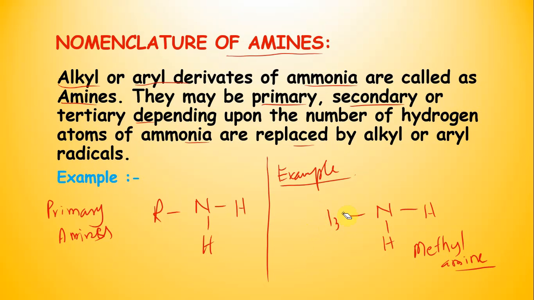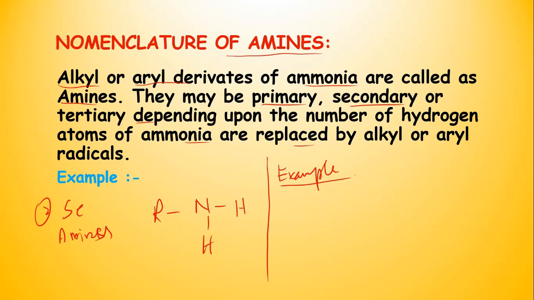And what about the secondary amine? Look here, this is the second type. In secondary amine, there are two radicals attached, meaning there will be 2R attached on it. In the example, one radical CH3 is attached here, and another CH3 is attached here, and the remaining hydrogen is there.